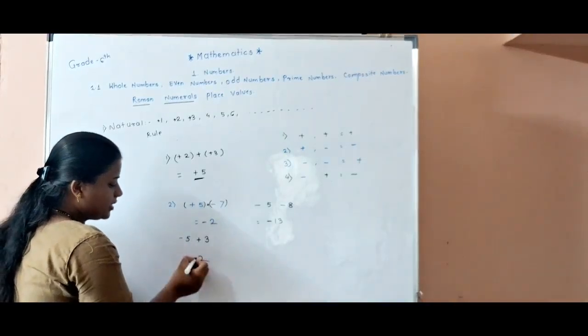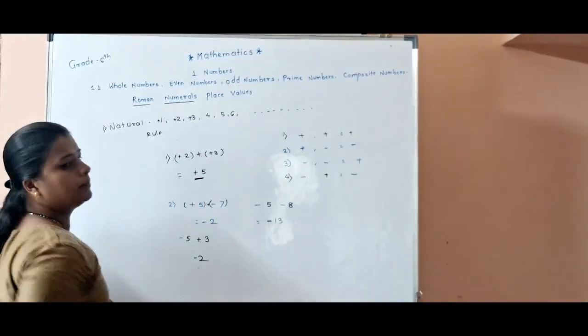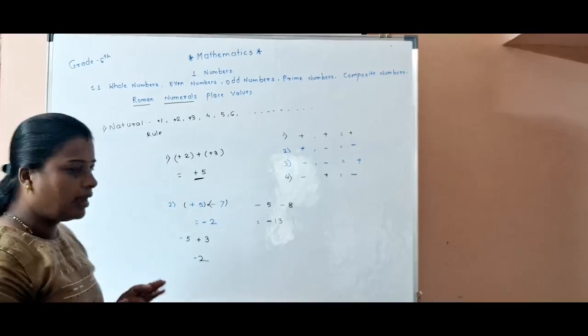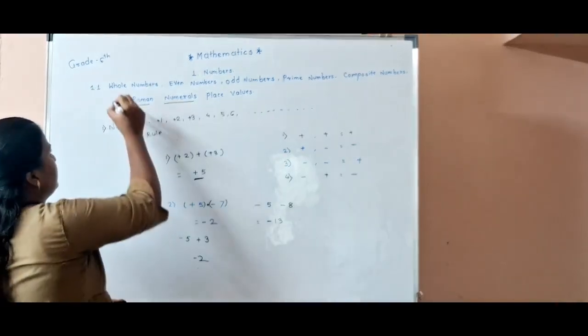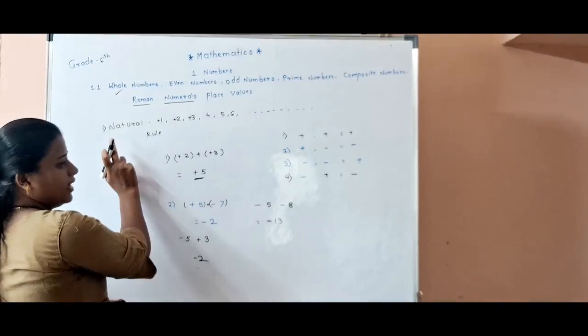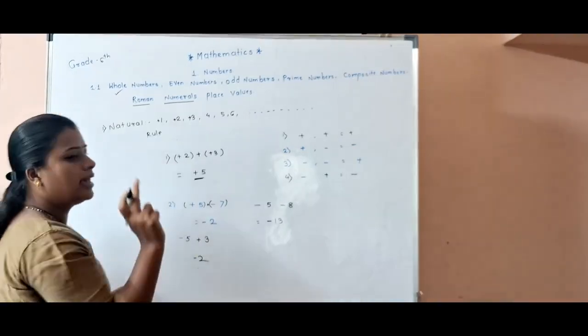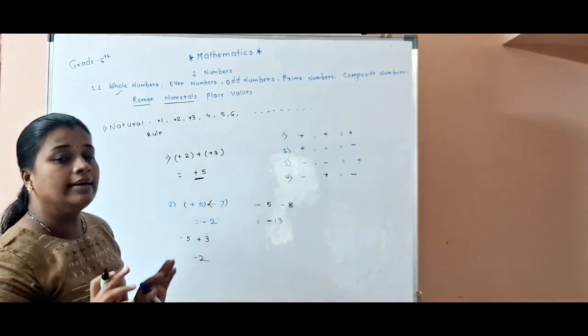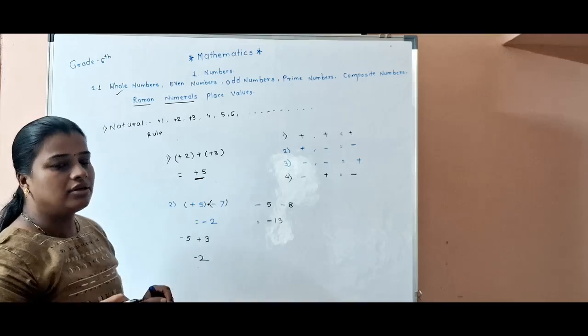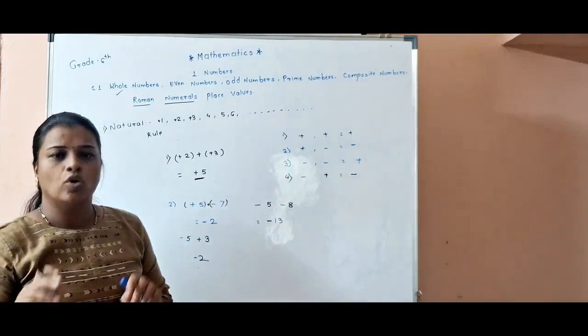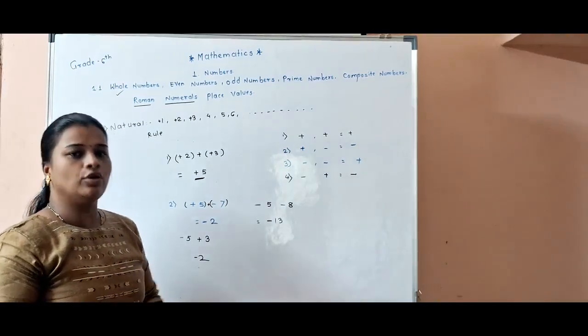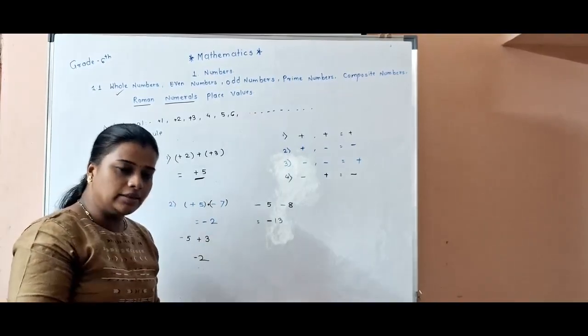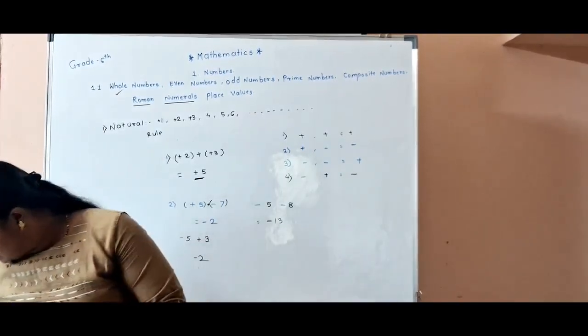Here 5 is the bigger number, so that will be minus. Okay, clear? So we have finished with whole numbers, we have finished with natural numbers, and we have finished with the integers. Natural numbers: 1, 2, 3, 4. Whole numbers will start with 0. When negative numbers are included, it will be integers.